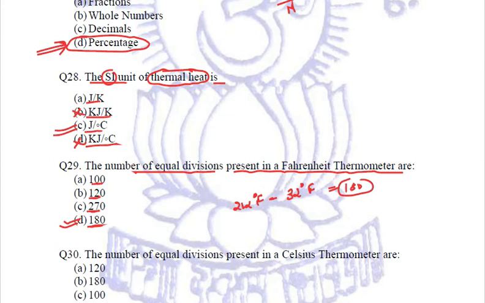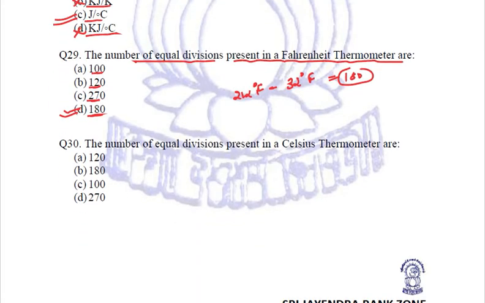Got it? Coming to the next and the last question of the chapter and of this class. The number of equal divisions present in a Celsius thermometer are. Again, the options are 120, 180, 100 and 270, and we know the answer is 100 divisions. A Celsius scale has 100 divisions.